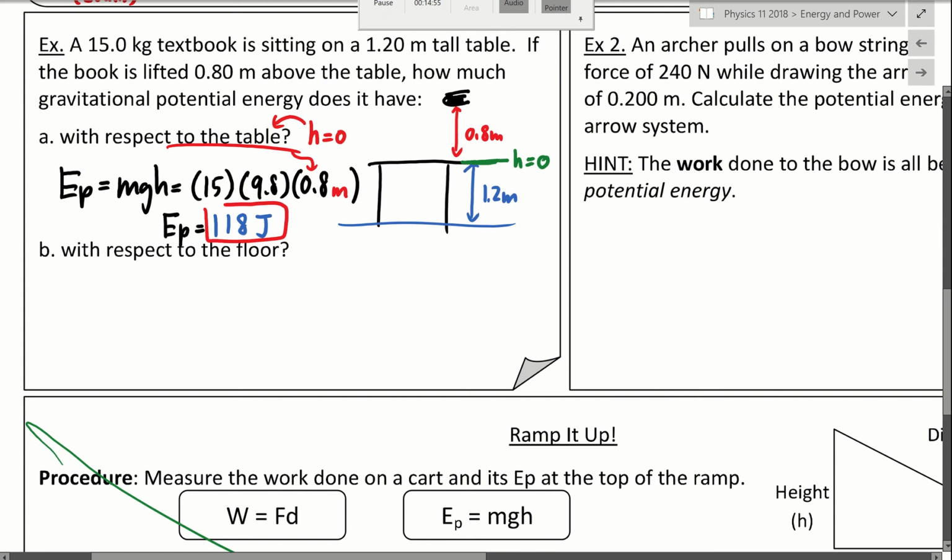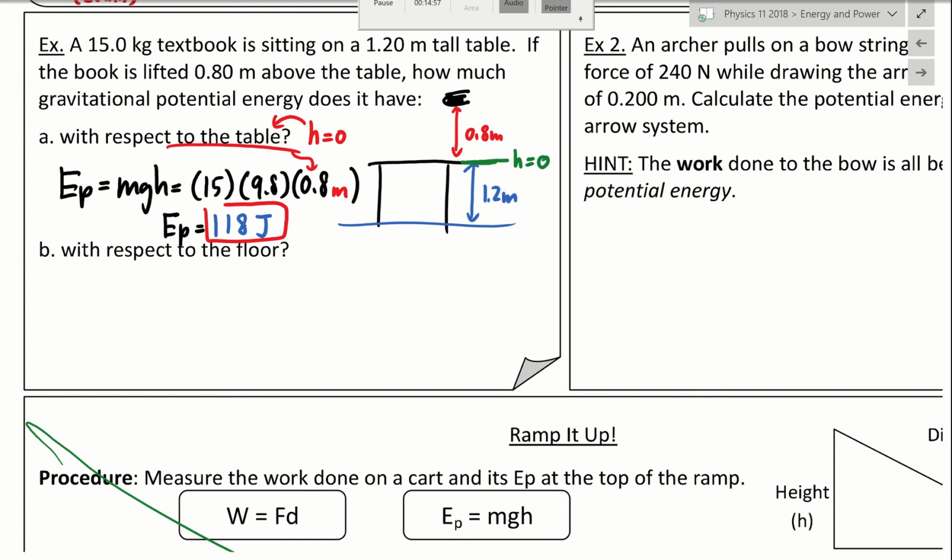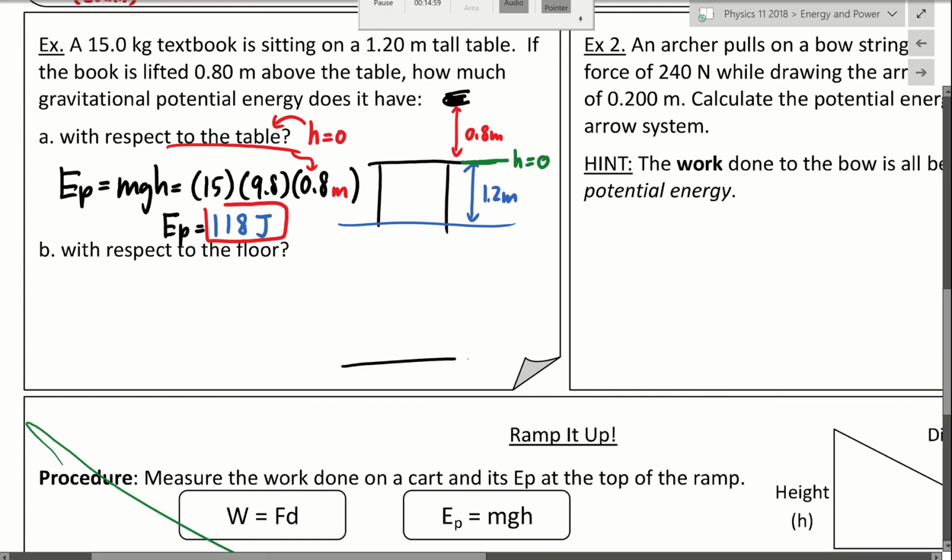Okay, with respect to the floor means set the ground equal to 0, which is perfectly acceptable. But then we will need the total height of this, which is going to be 1.2 meter plus the 0.8 meter, so 2.0 meters.